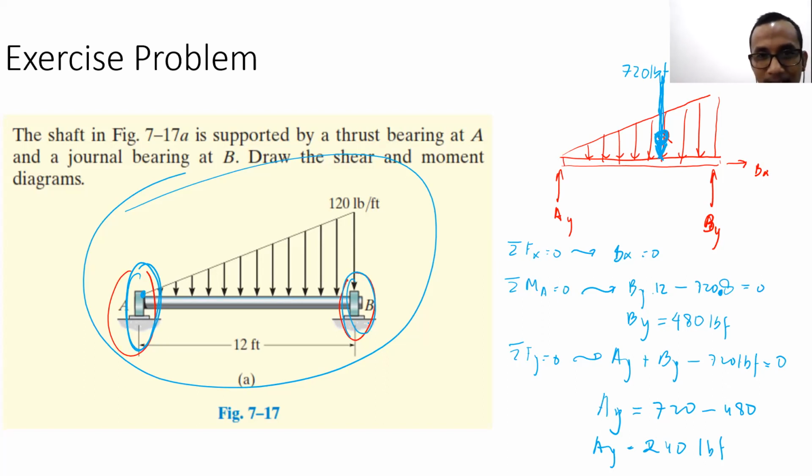Not 2 sections, only 1. You understand? Because the discontinuity is only happening here and here, and one section can represent the distributed load and distributed moment between discontinuities. So one section here is enough.